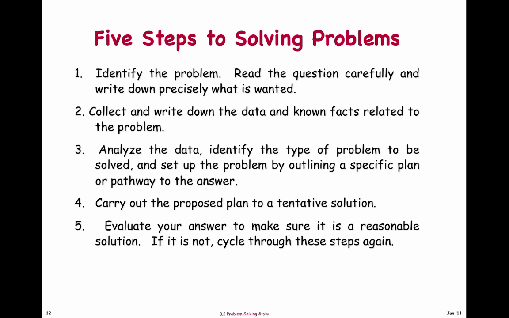If you come up with an answer of 5,000 degrees Celsius, that's pretty absurd, because 5,000 degrees Celsius is somewhere in the order of about 6,000, somewhere a little under 6,000 degrees Fahrenheit. And of course, water would boil way before then. So think about your tentative solution and see whether it is in the ballpark. See whether it makes sense.